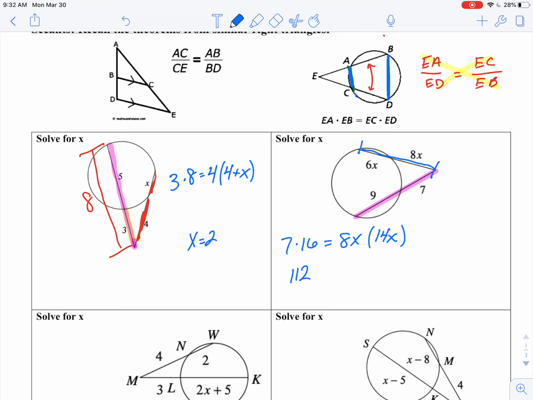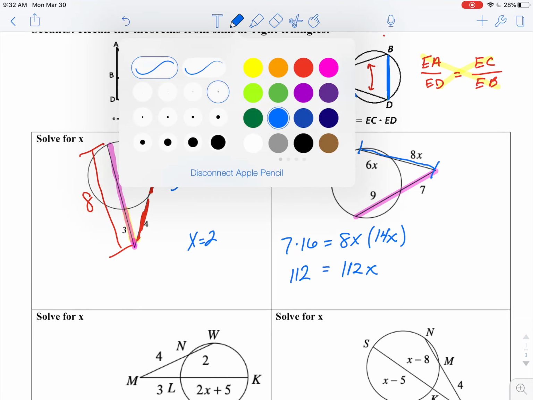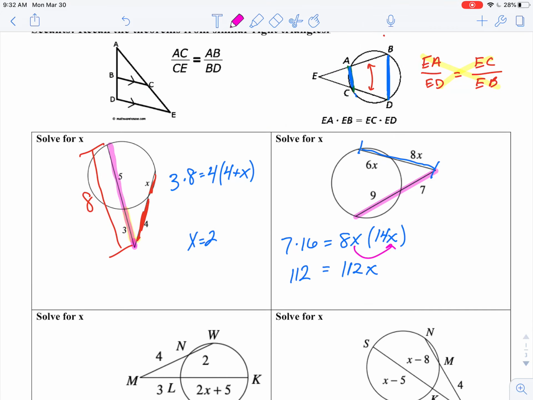So I've got, let's see, 112, 70 plus 42. So 112 equals 8x times 14x. And what is 8 times 14? Well, that's pretty lucky. That's also 112. x, and now we've got to really be careful. x times x is x squared.